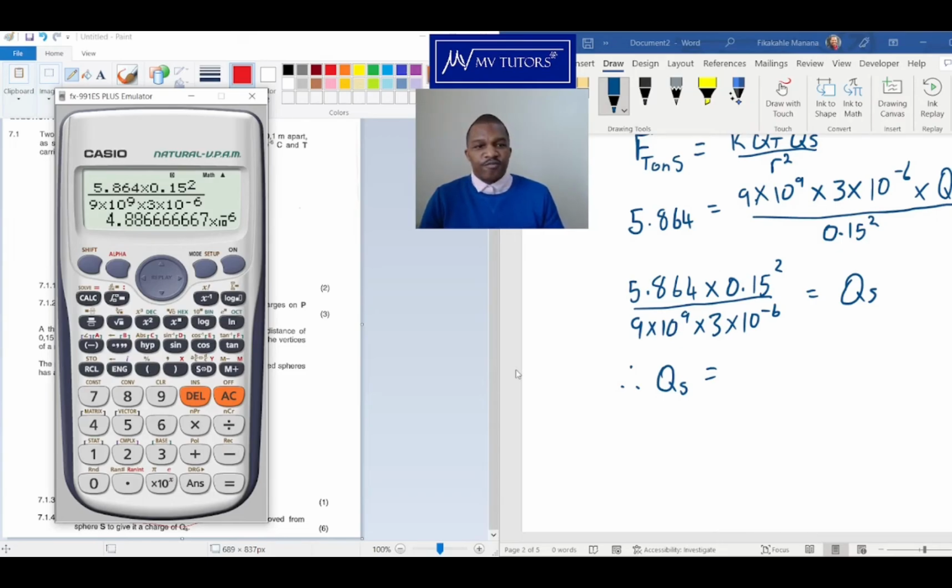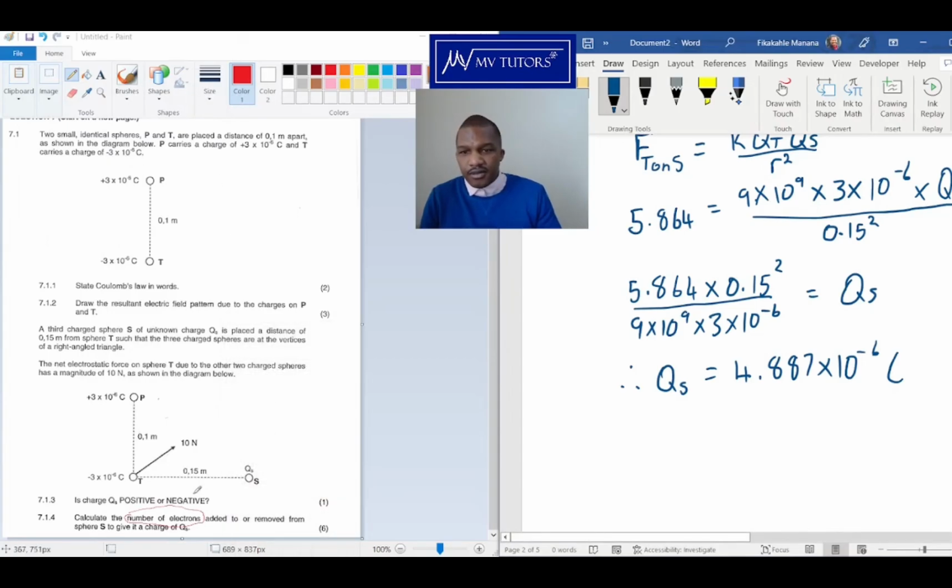So QS is equal to 4.887 times 10 to the power negative 6 coulombs. There. Did they say anything about how many decimals? They didn't say anything. But since they gave us 2, well, we could put 2, which is fine, but the more the merrier as well. 3 is fine. Anyway, that's our answer right there for QS.